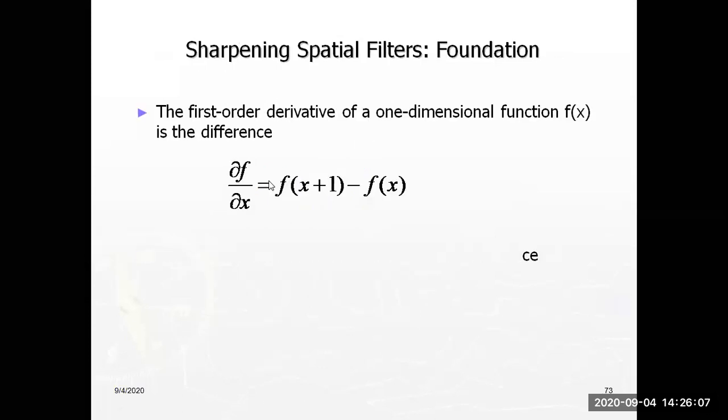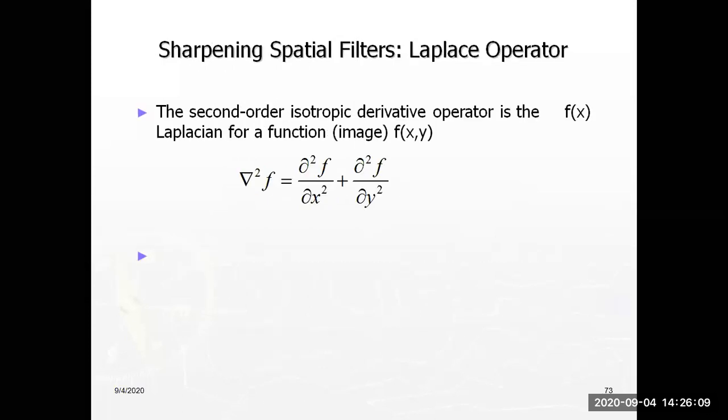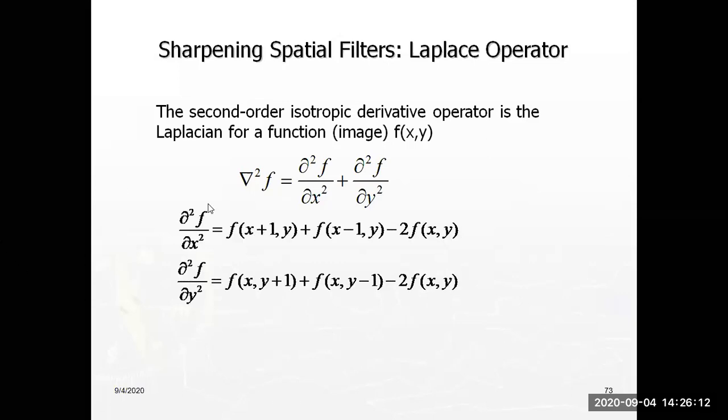Previously we used ∂²f/∂x² for a signal, but for an image we use del squared f equals ∂²f/∂x² plus ∂²f/∂y². This is the second derivative for the x coordinate and this is for the y coordinate. If you combine these two, you get the second order derivative of an image f(x,y).